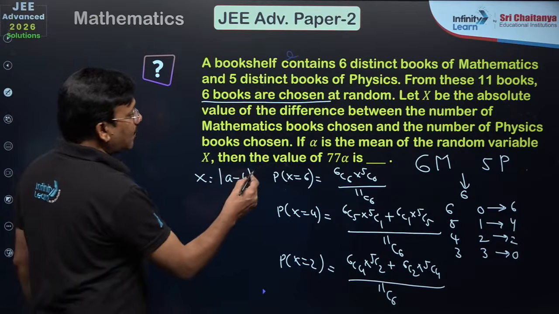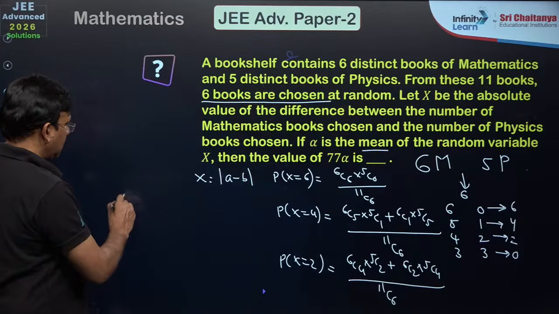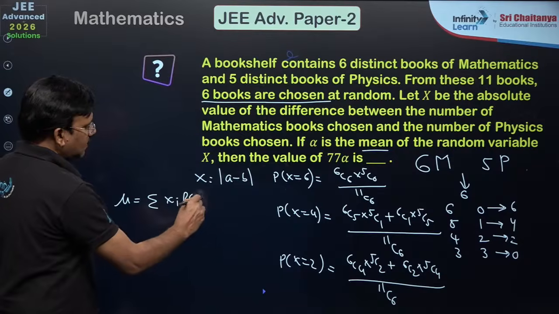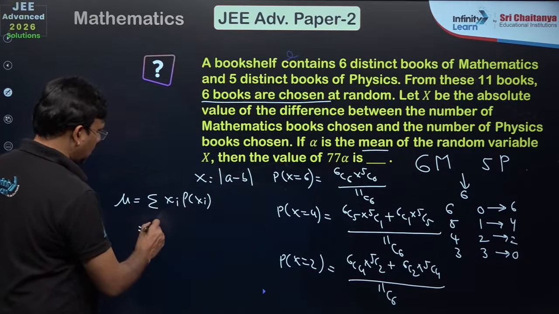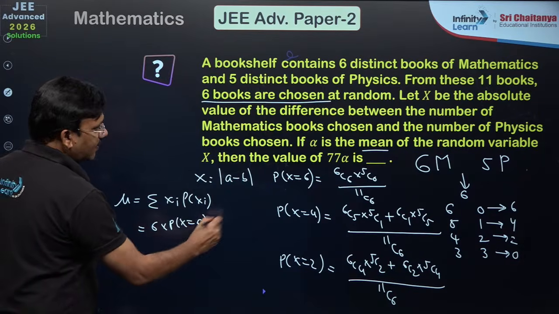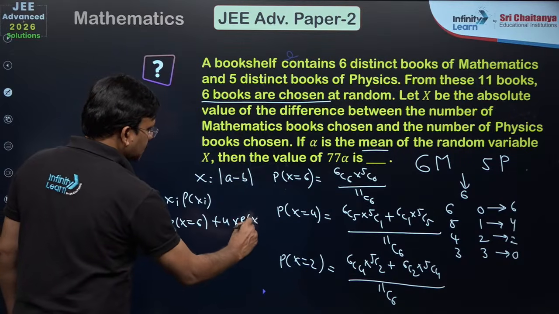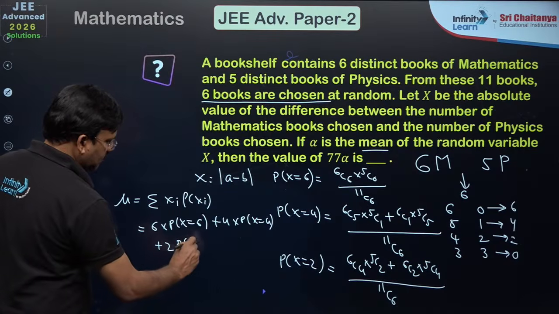Now, I want the mean of this. Mean means sigma xi P of xi. So that means here xi 6 into P of X is equal to 6, already we have this number, plus 4 into P of X is equal to 4 plus 2 into P of X is equal to 2.